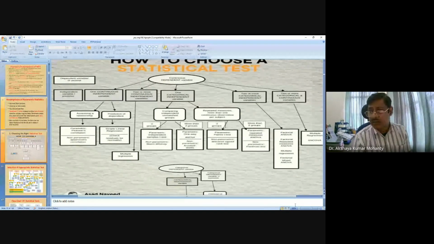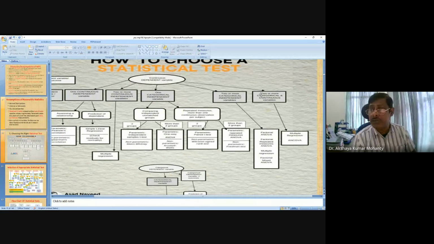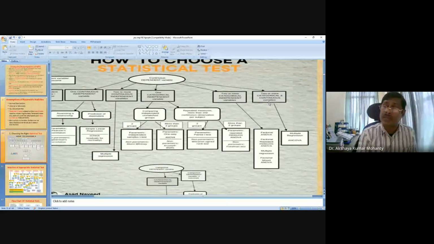Then towards the last, if it is 2 or more categorical and continuous variables. So now it is an interesting one, now you see. Here, these categorical independent variables will be there. That means 2 or more categorical. That means sex and education are there as the independent variables. Along with that, one continuous independent variable is there.